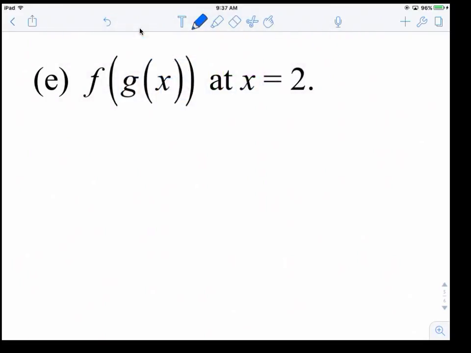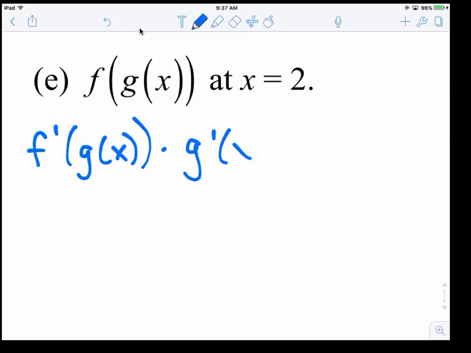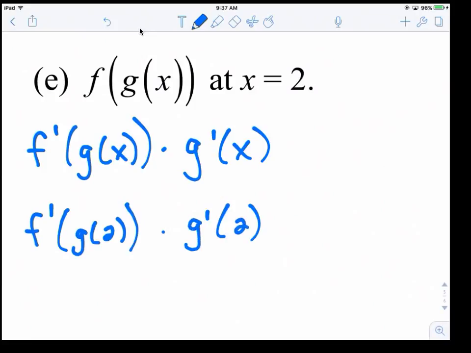All right, f of g of x is going to require you to do what? Chain rule, right? So the outside function would be what? All right, so you've got f prime of g of x times the derivative of the inside, which would be g prime of x. So I have f prime of g of 2 times g prime of 2.